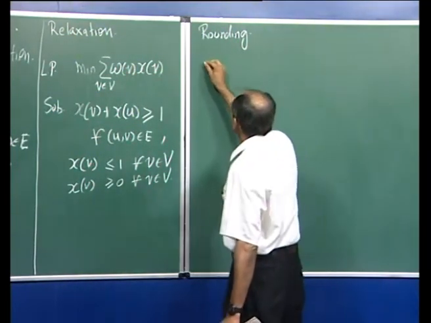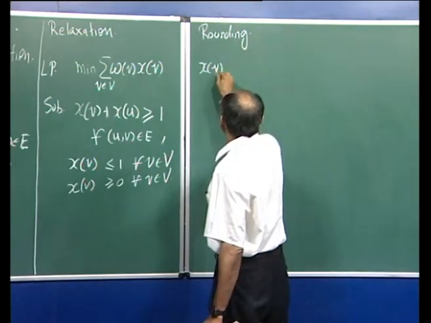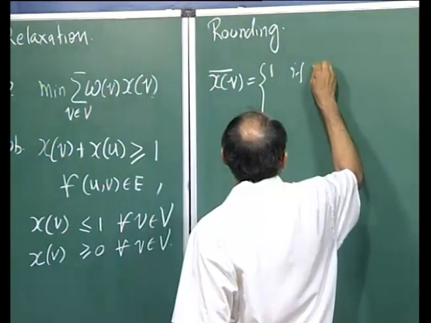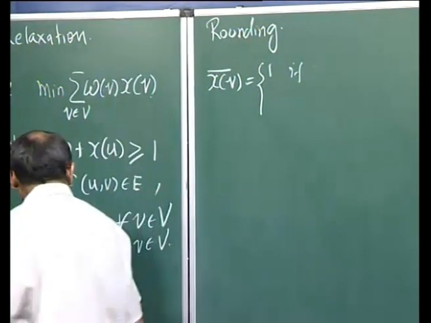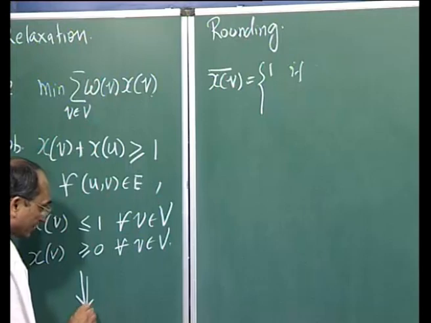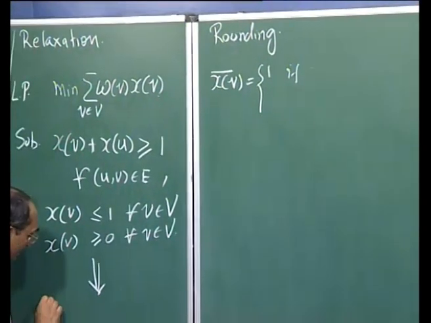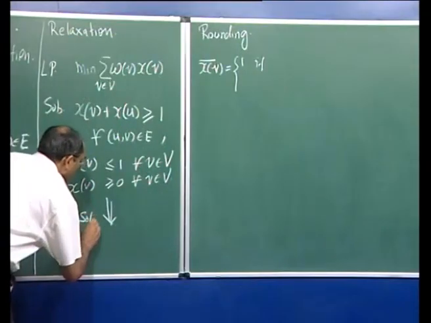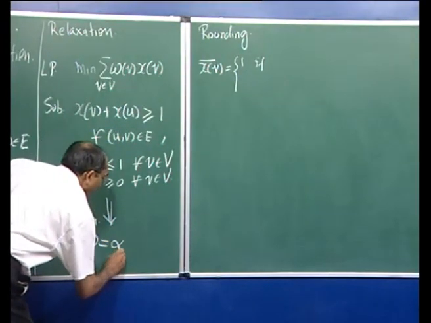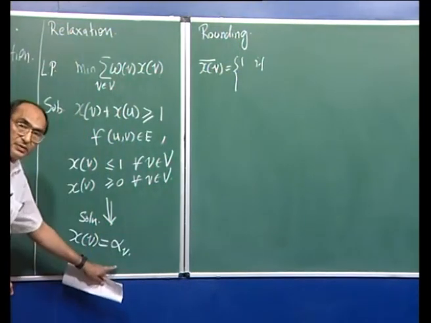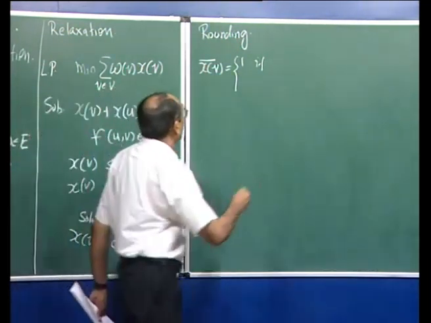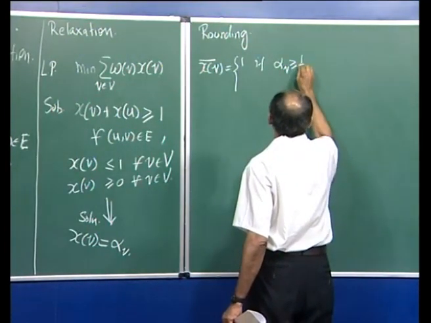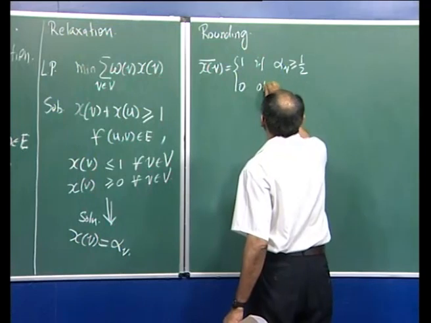And what we do is we define X_V bar as 1 if, okay, let's assume that this ends up giving us some solution X_V equal to some alpha_V. This is a number between 0 and 1. So, we will say X_V bar is 1 if alpha_V is greater than or equal to half, 0 otherwise.